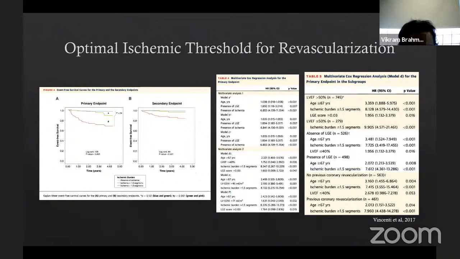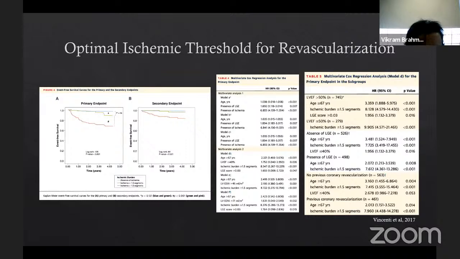So looking at another study, this is before the ISCHEMIA trial, this is from 2017. There's a large Swiss study. They looked at 1,000 patients with a median follow-up of 2.5 years. And what they found here is patients with no ischemia or less than 1.5 ischemic segments, so that's roughly 10% of the myocardium, were the same.